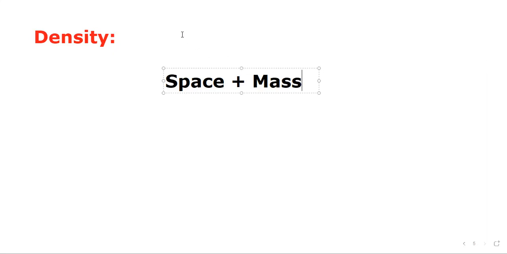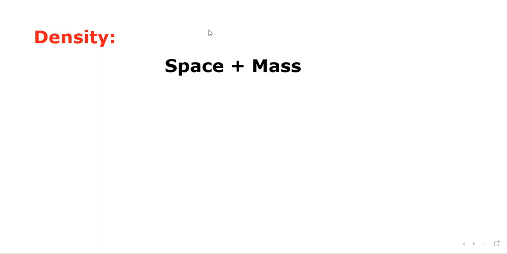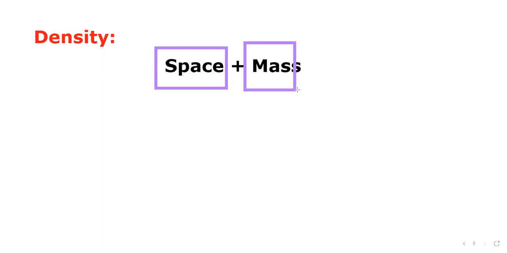Now, in case of density, we just consider how much space is occupied by a mass. So we just take the ratio of mass and space or volume, and that ratio is called the density of the object.